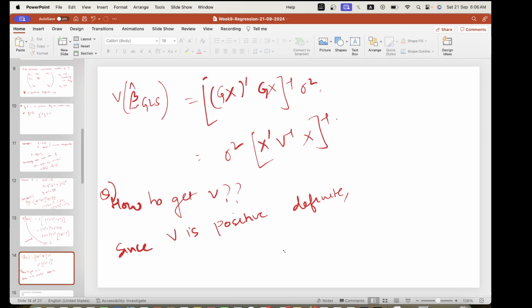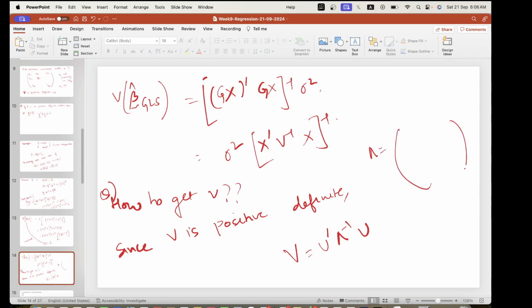we can have a decomposition of V where V can be written as U transpose lambda inverse U. What do we have as lambda?